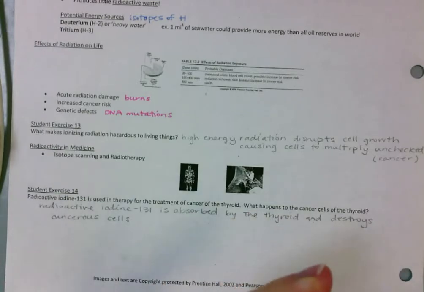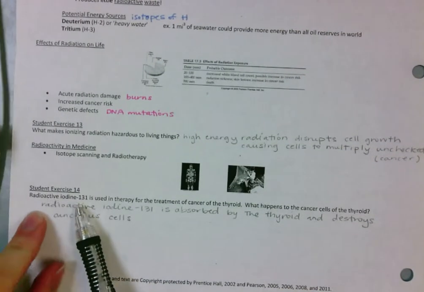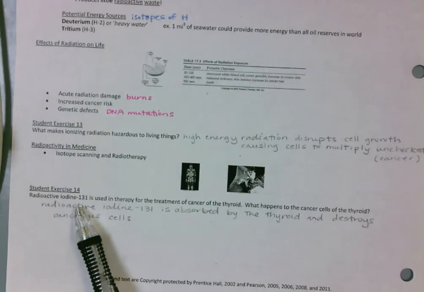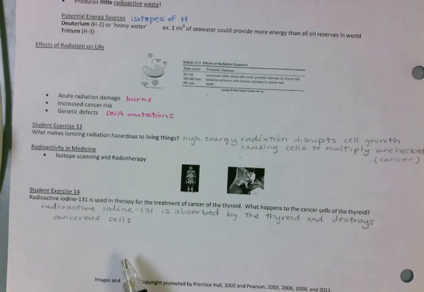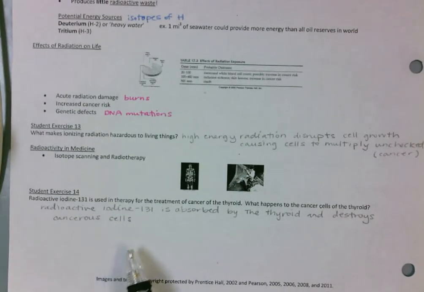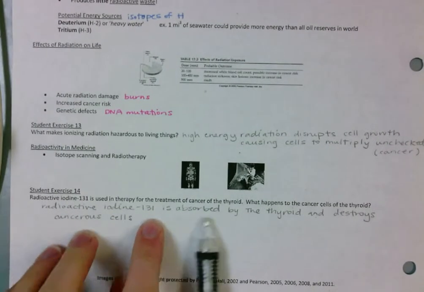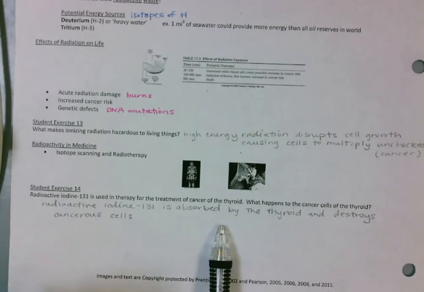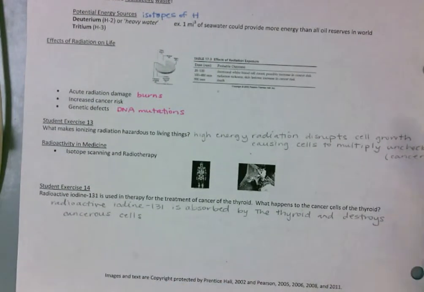It's enriched with iodine in order to make sure we get a certain amount of iodine in our diets. So basically, we're taking iodine that we're going to consume and we're making it radioactive. We ingest that radioactive iodine, and that iodine goes to our thyroid and is absorbed by the thyroid. And once it's collected there, it's going to start destroying the cancer cells that are nearby, just like breaking things apart.